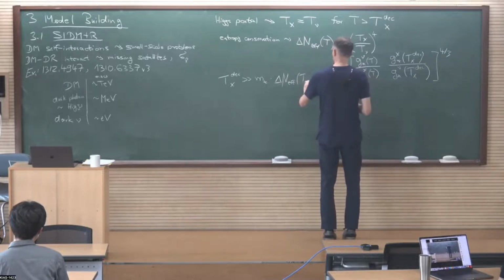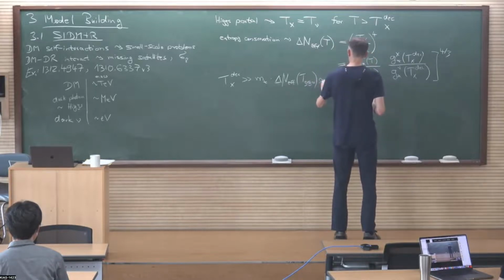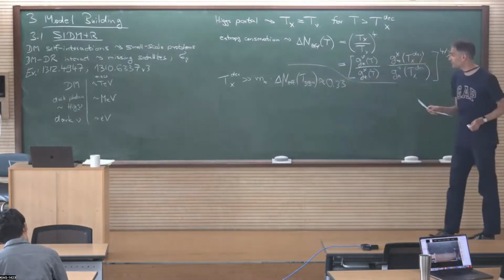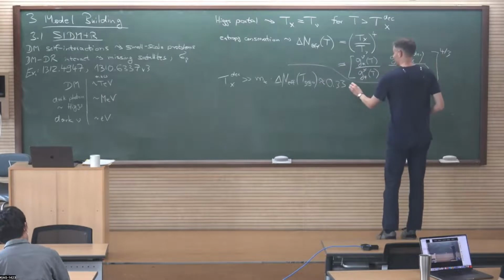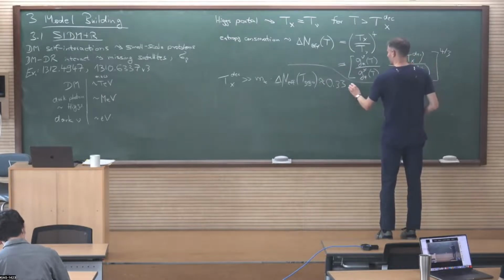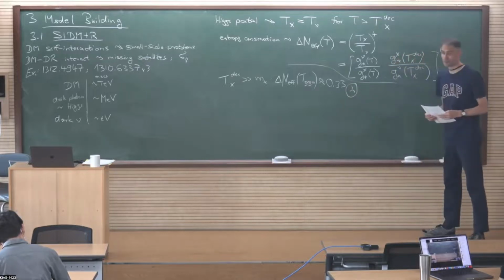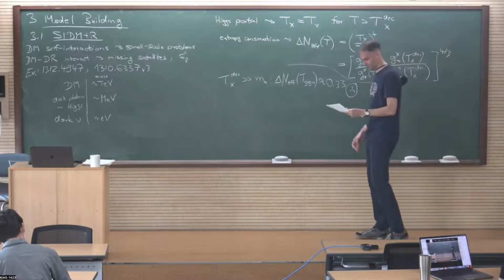So BBN temperatures, and you find about 0.33, which unfortunately is a bit large these days. I mean, when we wrote the paper, this was, I think, perfectly okay, but today it's a bit much. So that's that.